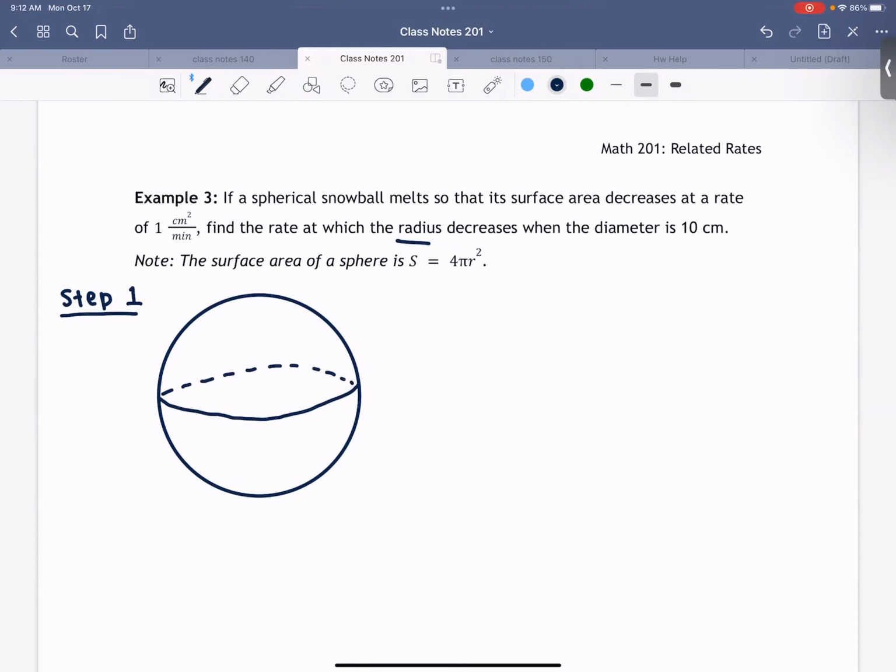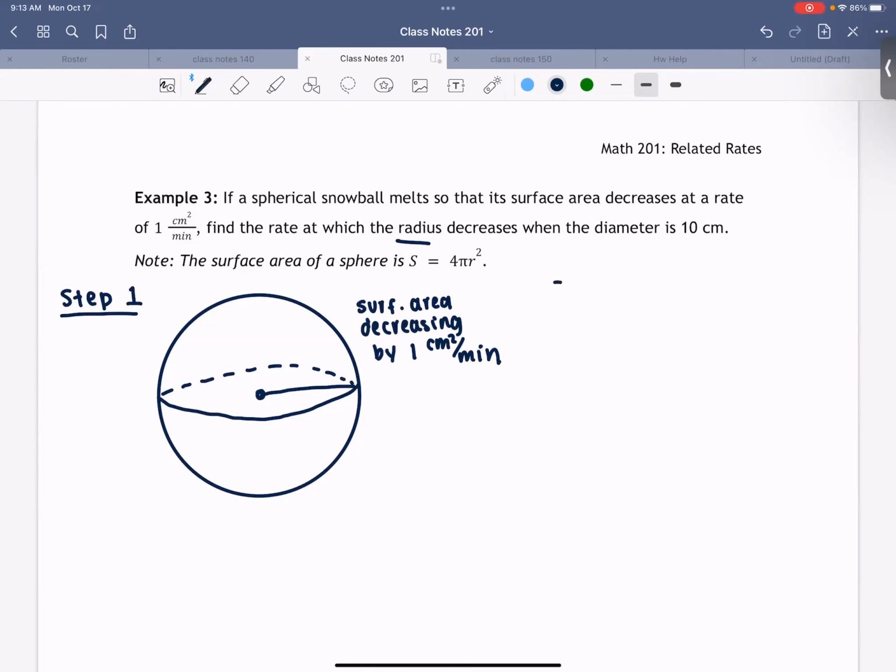So the radius of my snowball can be found by taking the center point of my snowball and drawing a line to any point on the outside, maybe this point here. Okay, and I know that the surface area is decreasing because the snowball is melting at a rate of 1 centimeter squared per minute. Okay. I think that's pretty much all I can label on my diagram.